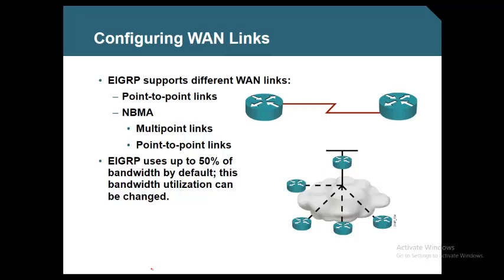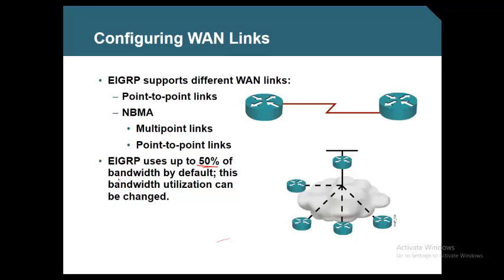Now, why do we learn these things? Because whenever you have a WAN link, EIGRP will take 50% of the bandwidth which is there on the link. So if you have, let's say, 1500 kilobits per second, it is going to take 750 for EIGRP and reserve it.